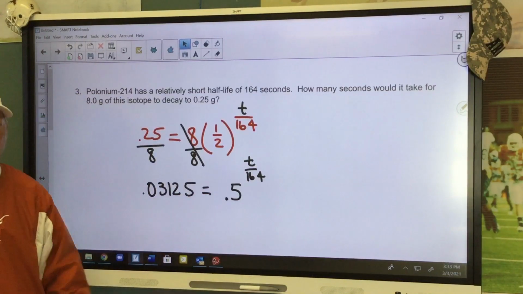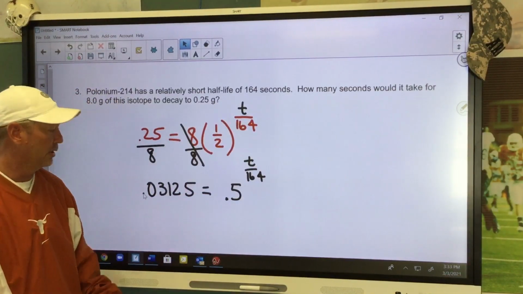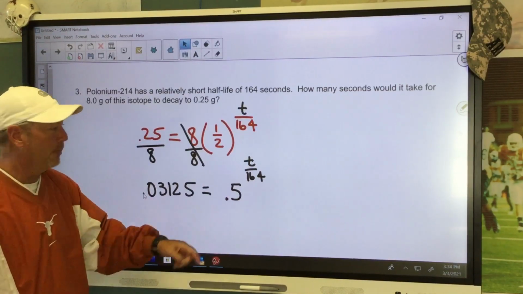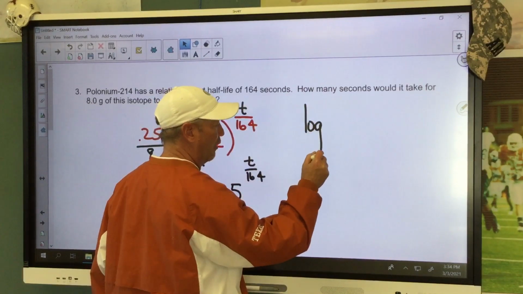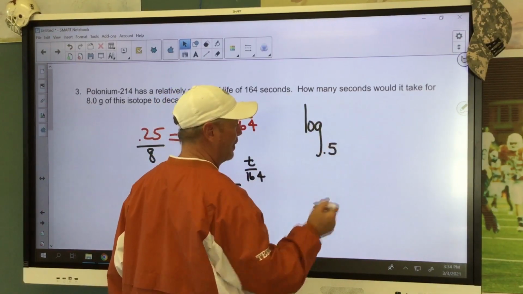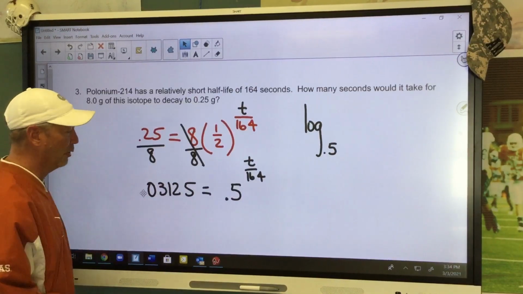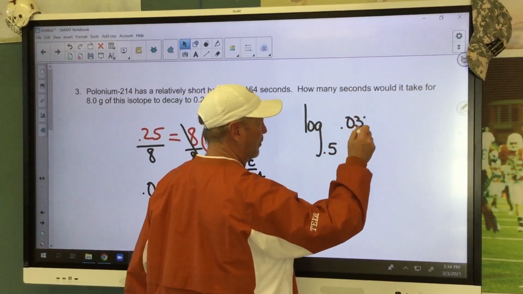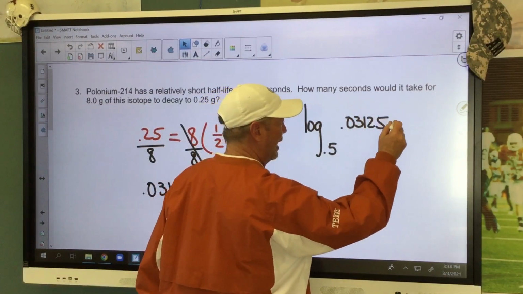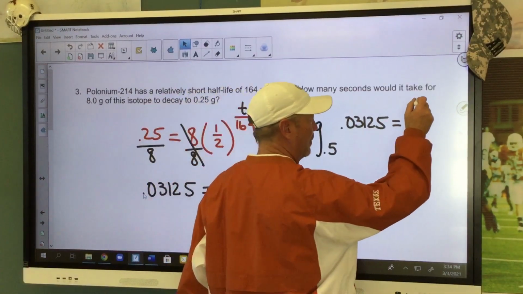Just like last time, we're going to convert this to a log equation. My base will stay on base, so we're going to say log of 0.5. We're now going to be paired with 0.03125. And that's going to equal t over 164.